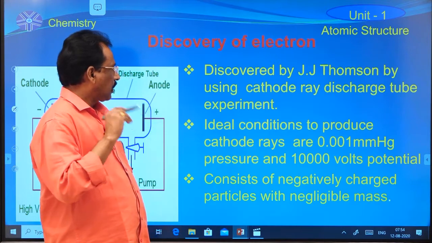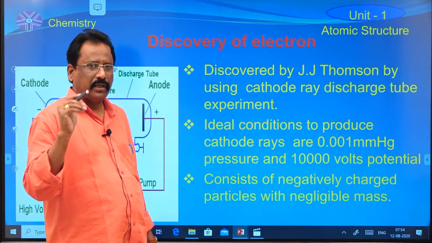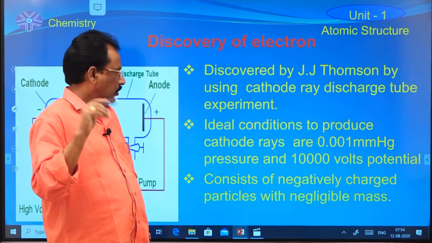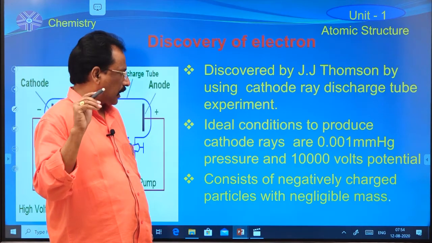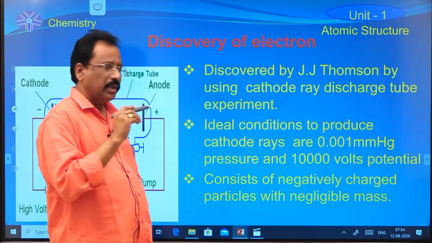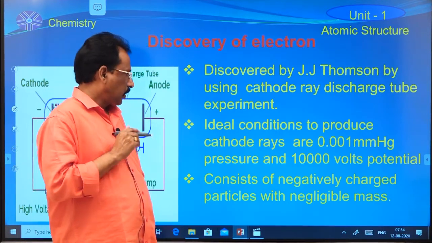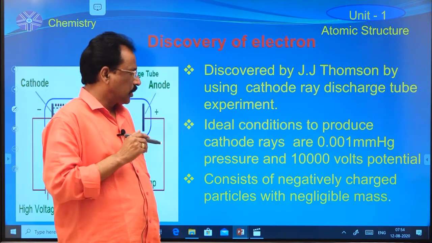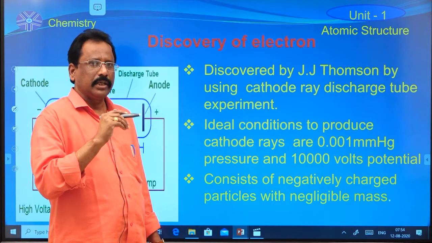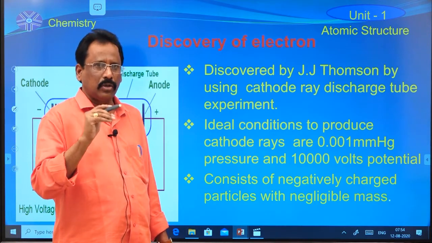According to him, when a gas is subjected to electrical discharge at very low pressure, about 0.001 mmHg or 0.0001 mmHg, provided in this glass tube, and if you apply 10,000 volts electrical current to that gas, then according to J.J. Thomson, some rays were produced at the cathode.